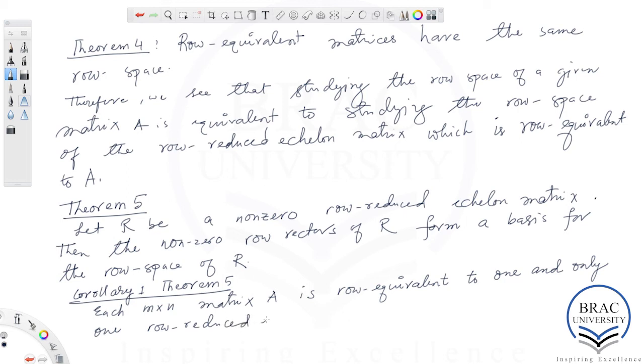Okay. So given an m times n matrix A, you cannot find two different row reduced echelon matrices which are both row equivalent to the given matrix A. You can never do that.